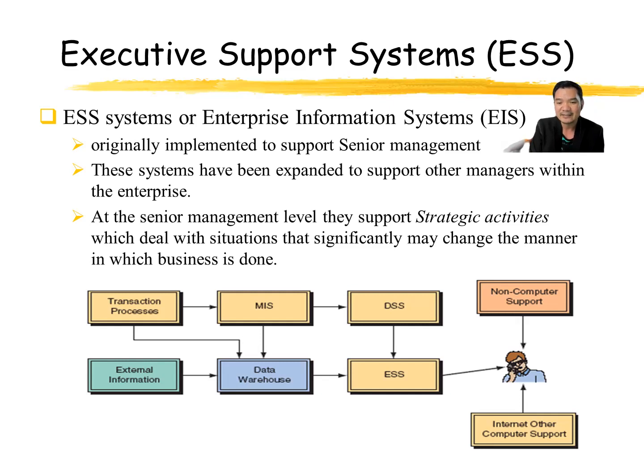And of course, the internet and other computer support can be digital information acquired by the decision maker. So there are a lot of considerations for the executive information system.